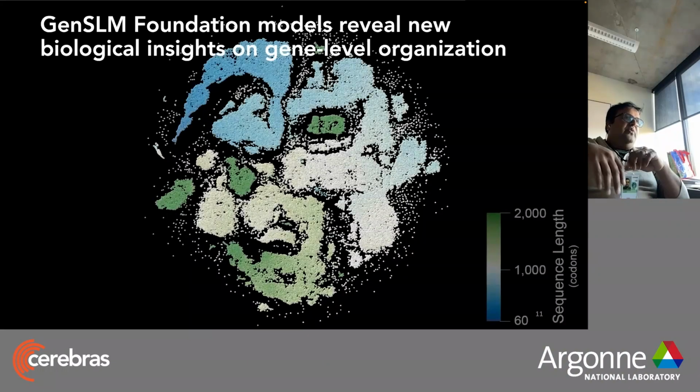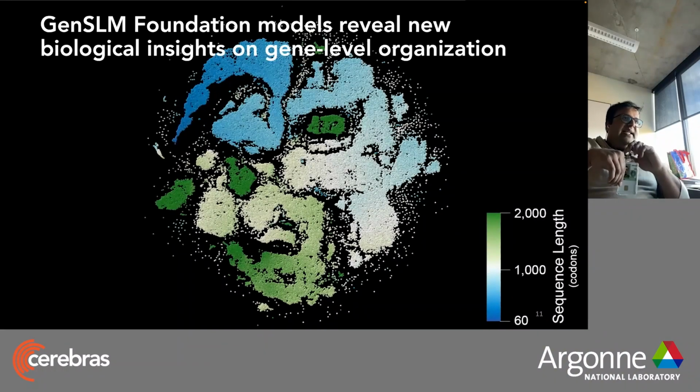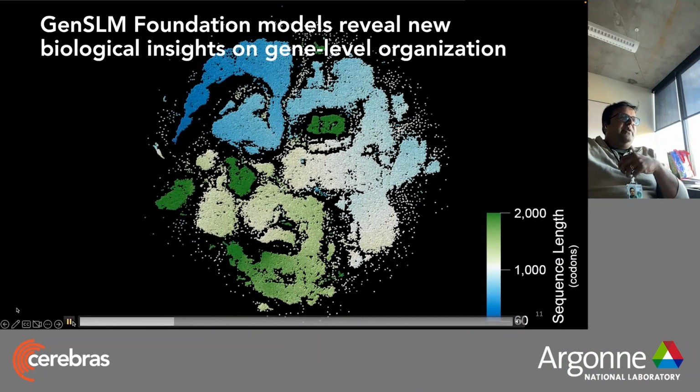Every gene is painted with the sequence length of that gene in terms of the number of codons. What I want you to observe is this neat division between high and low sequence lengths. You also see the formation of several islands with high sequence lengths, some with low sequence lengths, and some with the average lengths that you observe throughout the landscape.